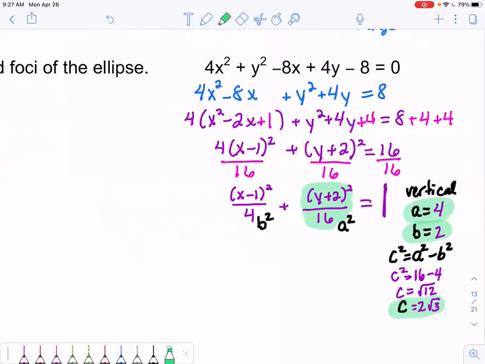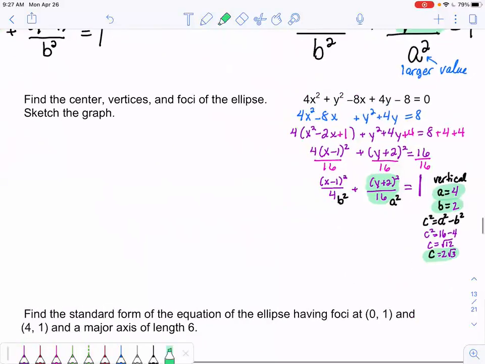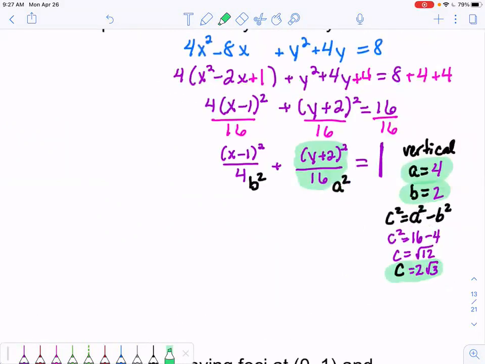So the directions want us to find the center, the vertices, and the foci of the ellipse, and then it says sketch the graph. Cole said that this was a vertical. So to find the vertices, your vertical variable is the part that's changing.